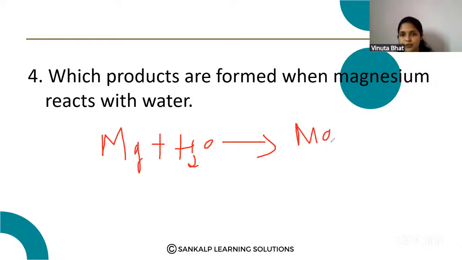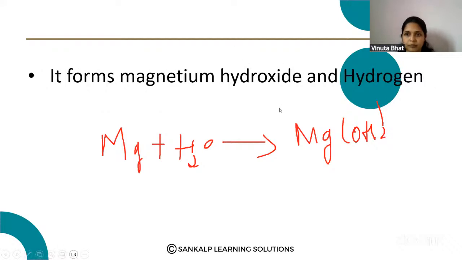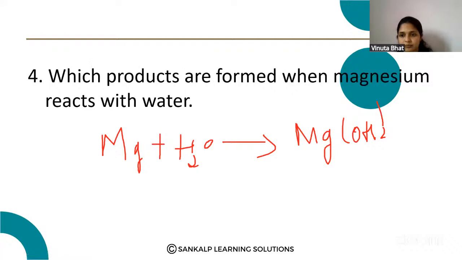Magnesium hydroxide and hydrogen. Balance the reaction. So which products are formed here? Magnesium hydroxide and hydrogen.